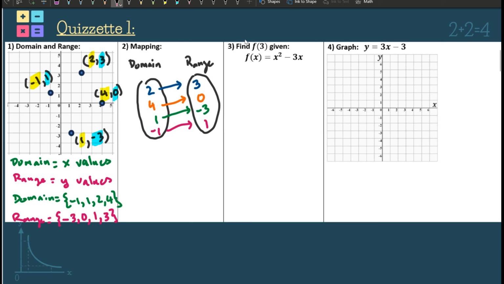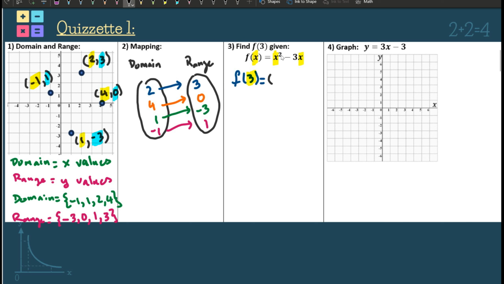Number 3, find f of 3 given that f of x equals x squared minus 3x. They're asking us for f of 3. What do we have to do? The x will be replaced by 3, which means all x's here will be replaced by 3.